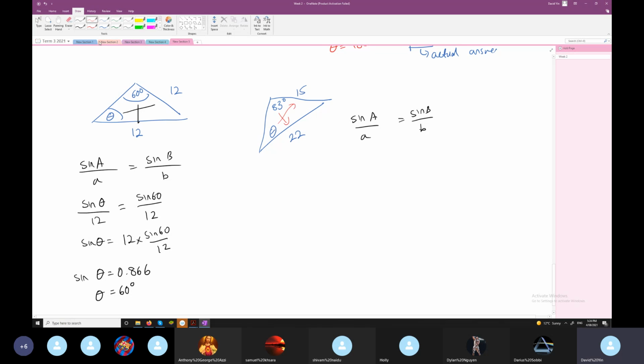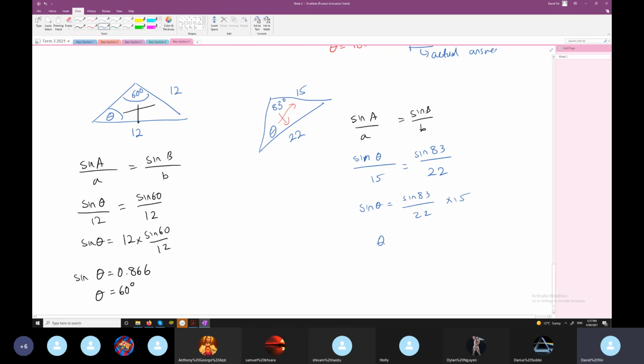And then what's going to happen there is that you're going to have sine 83. Sorry, we always want the unknown first. So we're going to say sine theta all over 15 is equal to sine 83 all over 22, right? We always want the unknown first if we can. It just makes looking at it much easier. So what we're going to do is bring the 15 across, sine 83 all over 22 times 15.